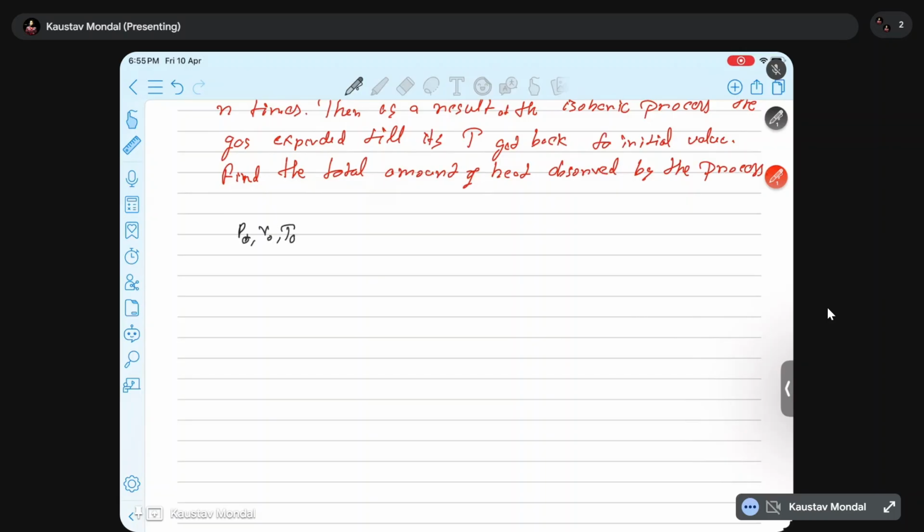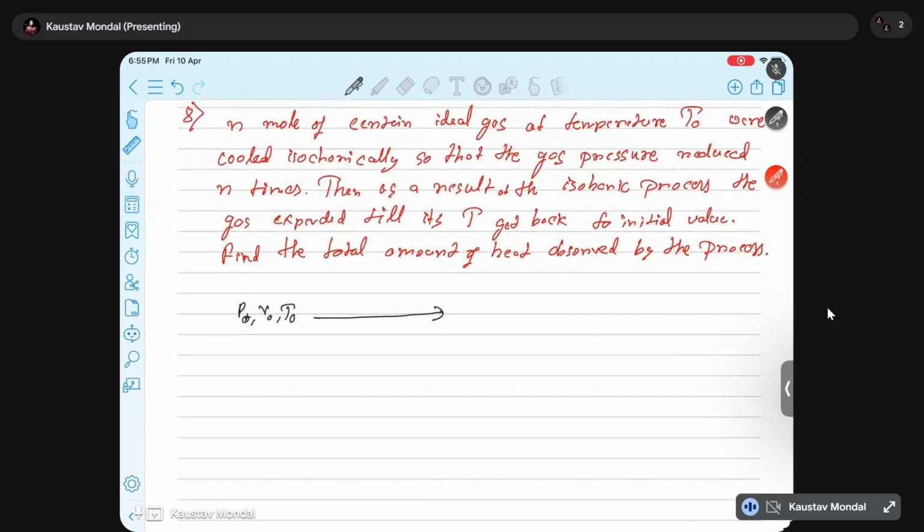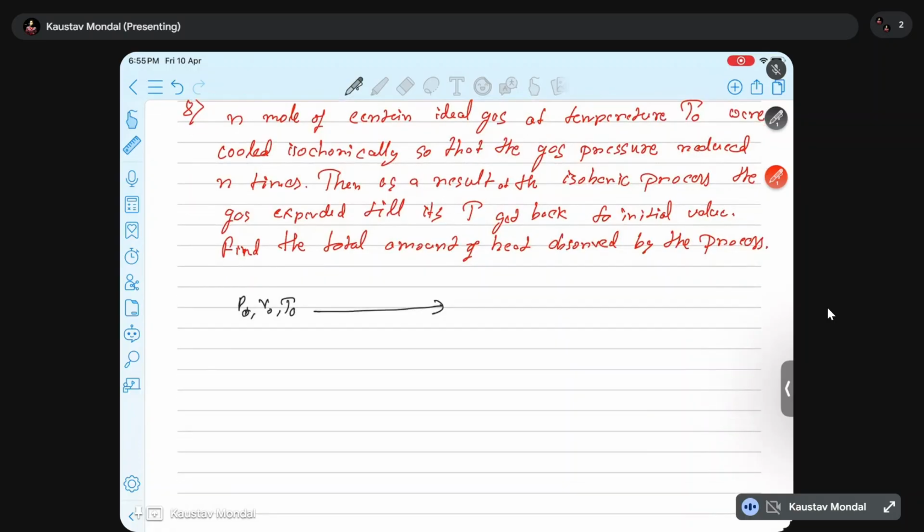Now from here, the volume remains the same. It is an isochoric process, so the volume is kept constant but the pressure is reduced, and the temperature also changes. So P0 becomes P0 by n, the volume remains the same, and the temperature becomes some T1, which we don't know.